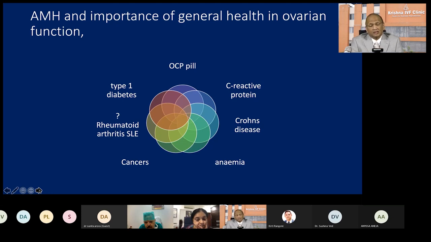We just look at the notes and think the AMH which was done a year ago is 5 or 4, and in between the woman must have been in one of these situations, or in the recent 6 to 8 weeks she is in one of these situations, and then we end up in a situation where the follicle sensitivity index or the oocyte sensitivity index is inappropriate, and then we get an inappropriate number of follicles.